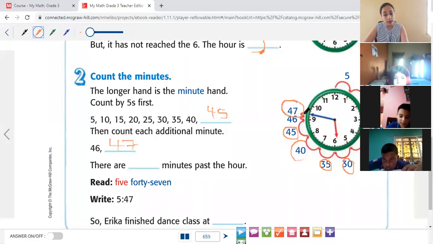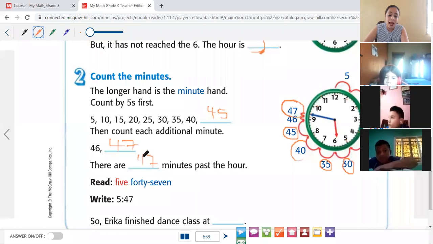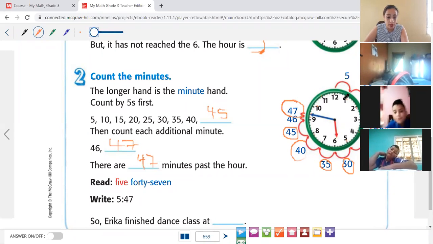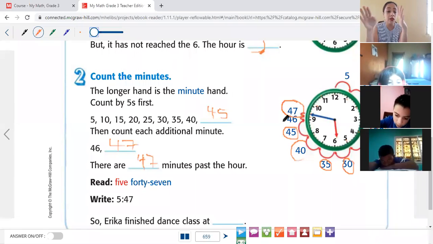So 47 minutes have passed. So there are 47 minutes past the hour. So you need to write 47 on this line, okay? I repeat, the little lines that you see in between the numbers count as 1 minute.